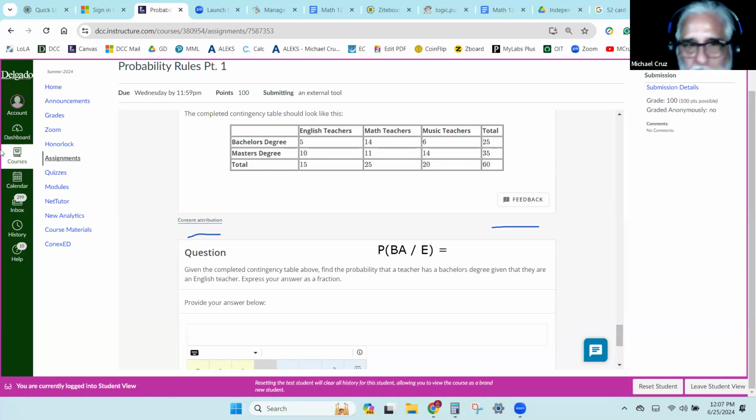How many English people are there? 15. See that? That's the total of English teachers. Now what I need is to find the intersection between English and bachelor's degree. So this is 1/3.